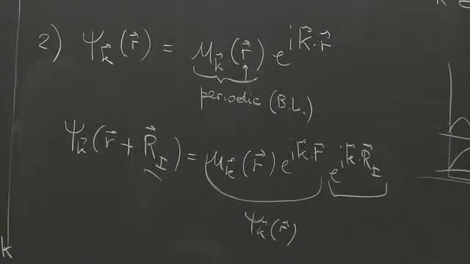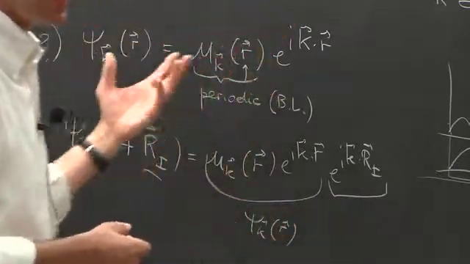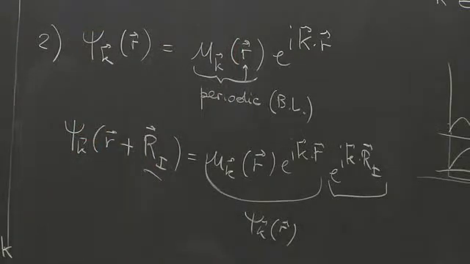So Bloch's theorem is nothing else than a rephrasing of an important property of the quantum mechanical solution of Hamiltonians with specific symmetries. So you can see it that way as well.